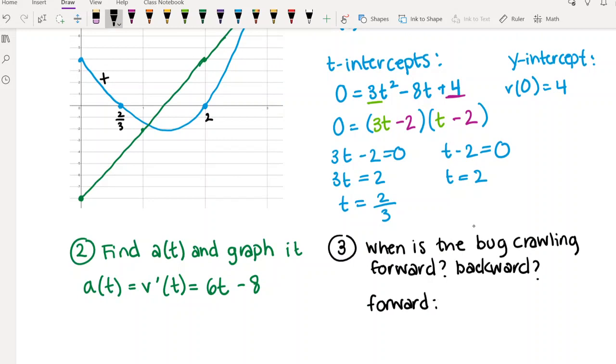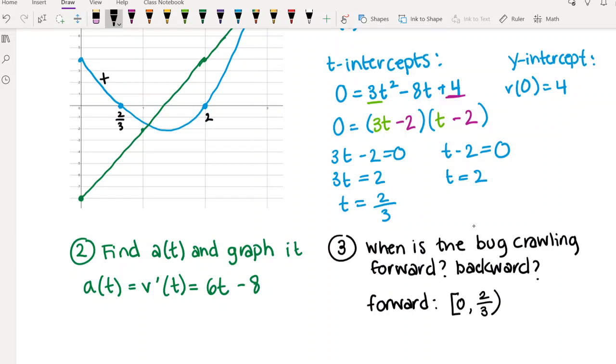And I'm going to use interval notation here. It doesn't really matter whether you put a bracket or a parenthesis at 0. You'll see different things depending on where you look. I'm just going to put a bracket. But what is important is when we get to 2/3, we should put a parenthesis, because at 2/3 the velocity is actually equal to 0, so we don't want to include that.